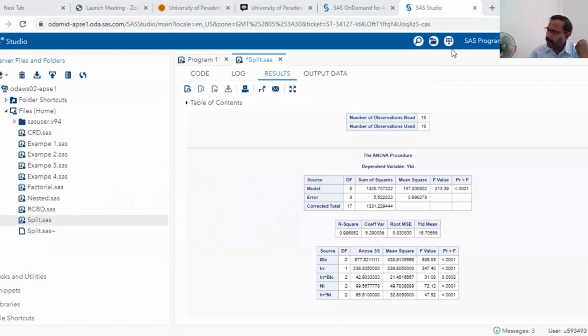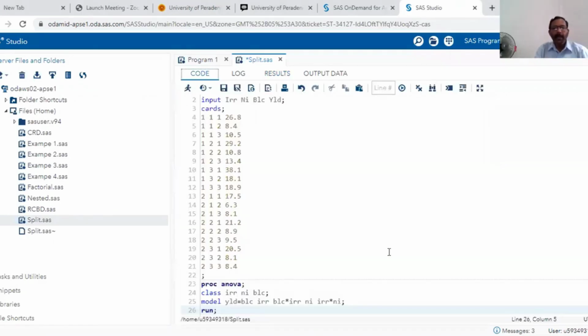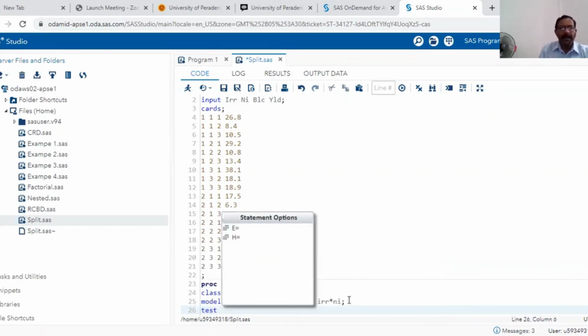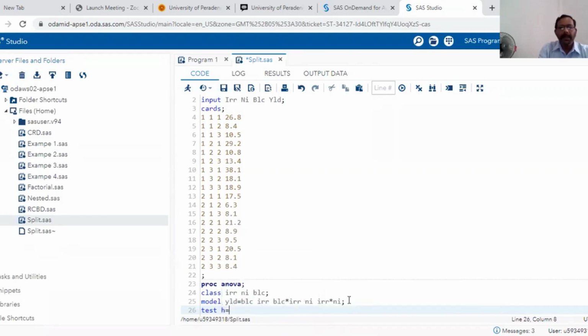So I'm going to ask the computer to calculate, similar to the earlier one. Test, anyone? How to write test? Hypothesis, irrigation.